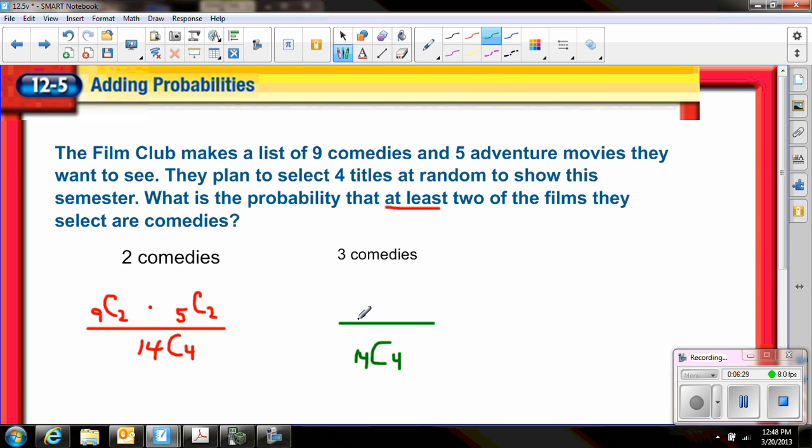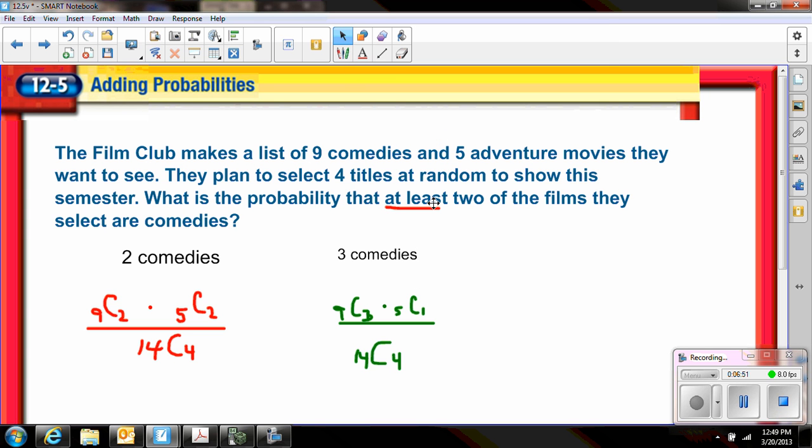And now I want 3 comedies. So I have 9 total comedies, choosing 3, order does not matter. And I have 5 total adventure movies, and I'm choosing 1. Multiply those together. There's a number for 3 comedies.